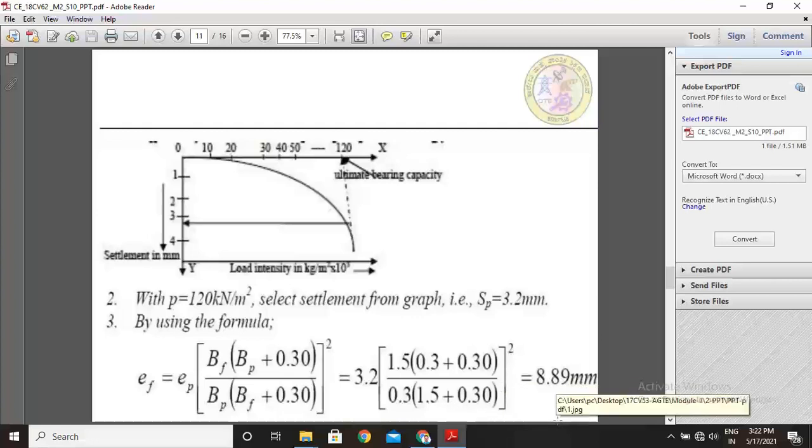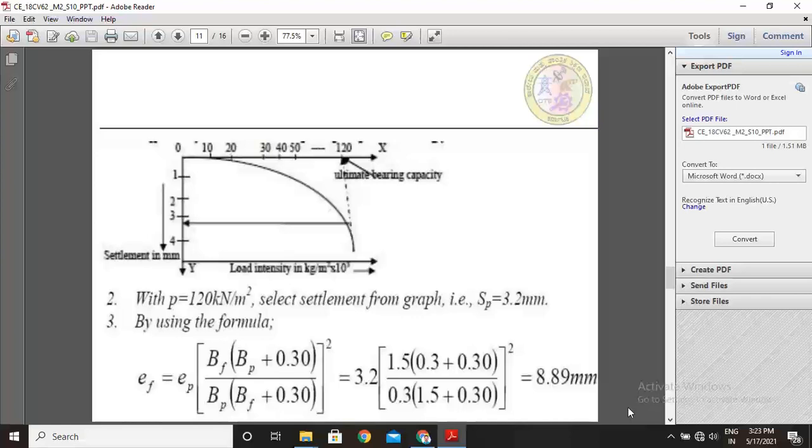So now we are getting 8.89 mm. While solving this formula, we get the settlement of footing as 8.89 mm, and settlement from the graph 3.2 mm with respect to 120 load intensity.